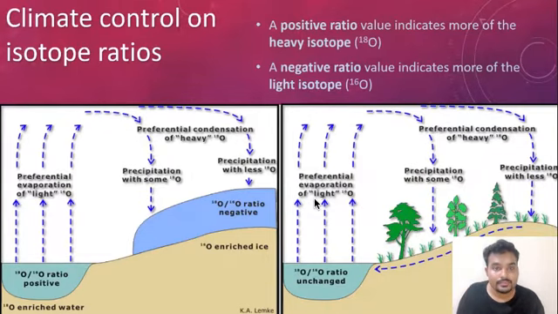Now see this. Here we have two conditions. One is glacial condition, one is interglacial condition. So during glacial condition, what happens? The total radiation reaching the earth's surface will decrease, right? And we know that a lesser amount of energy is required to break O16 bonds than O18. Okay, so less and less O16 will come out of the ocean, right? So that means the amount of O16 in the ocean will decrease.